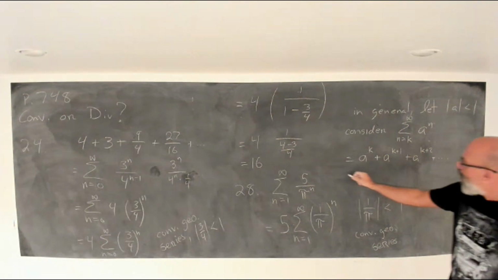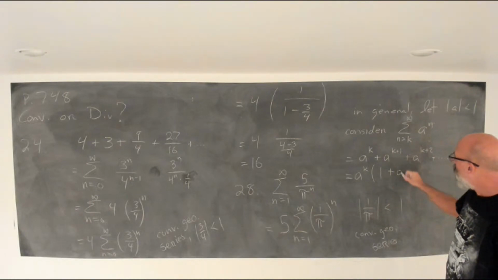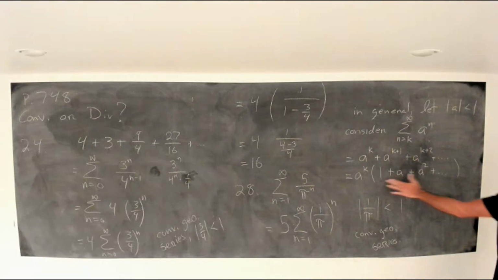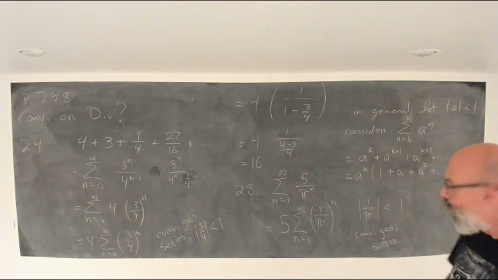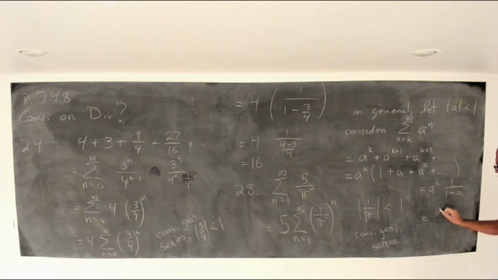If you factor out an a to the k, this is 1 plus a plus a squared, and so on. And now here you recognize the usual geometric series. So this is a to the k times 1 over 1 minus a, right? Because a is less than 1 in absolute value. So here we go.